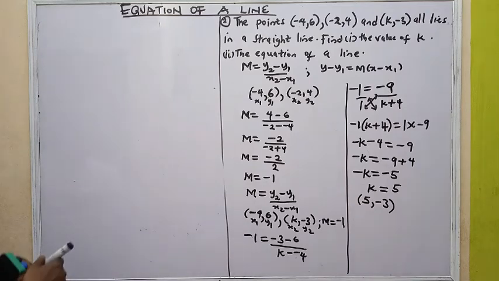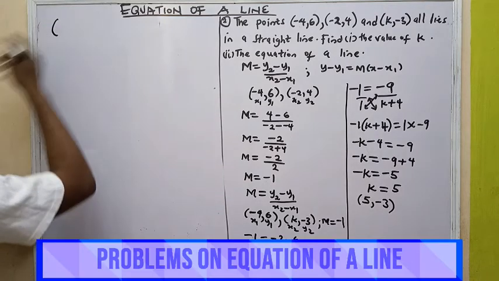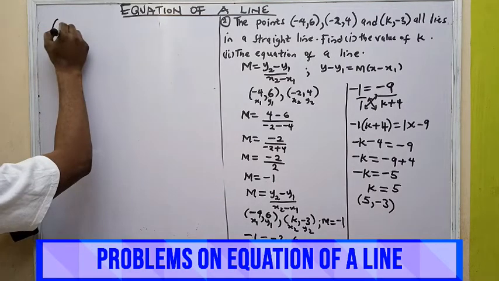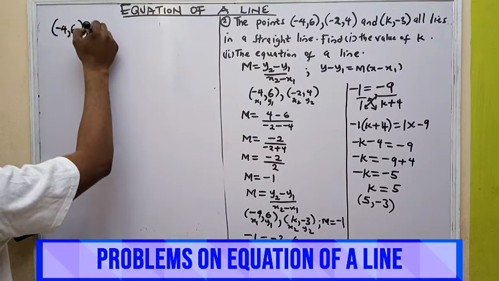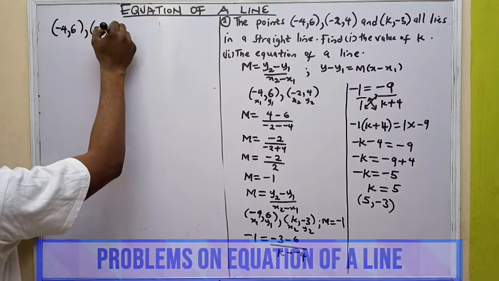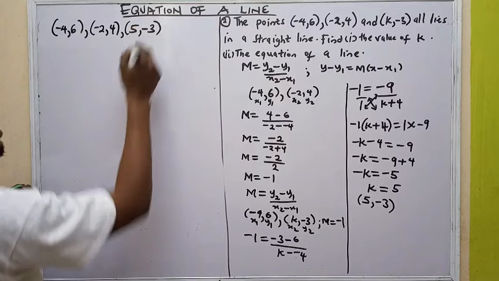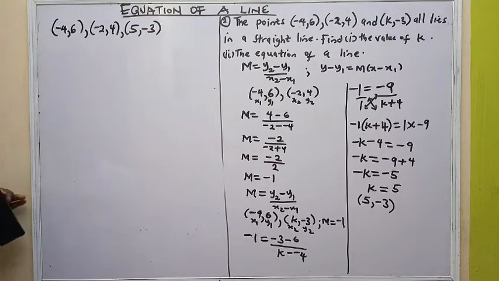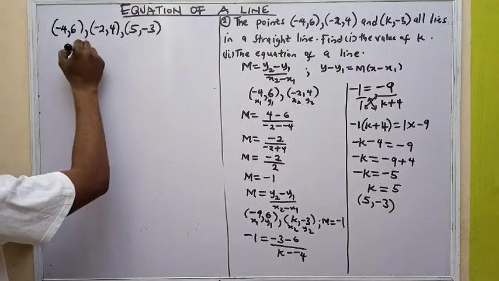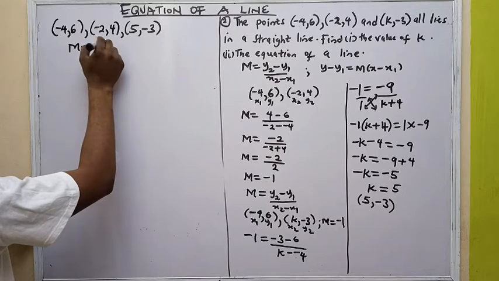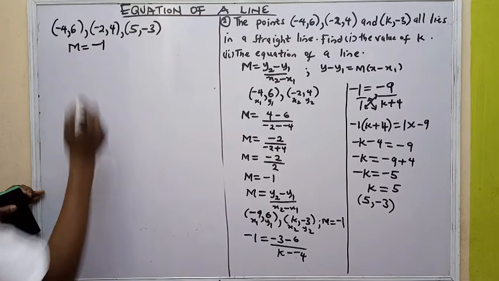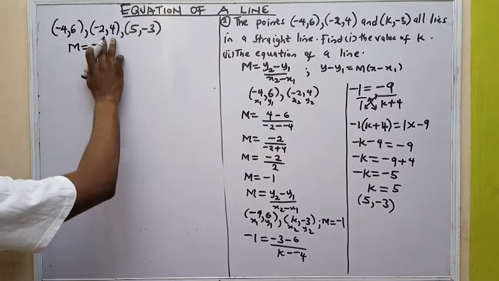Now we have 3 points from the question. So the points are minus 4 comma 6, minus 2 comma 4, and 5 comma minus 3. Now my gradient m is already minus 1.